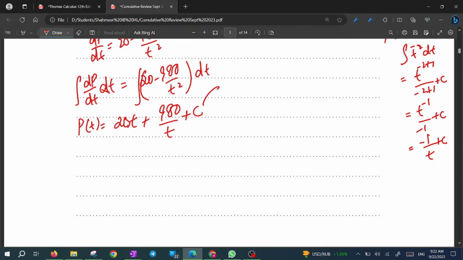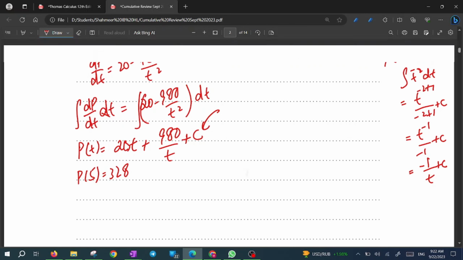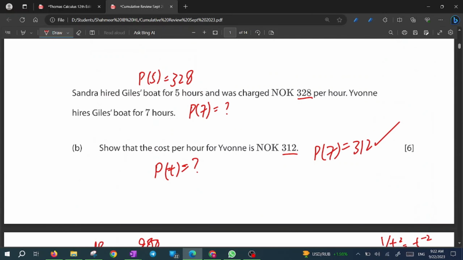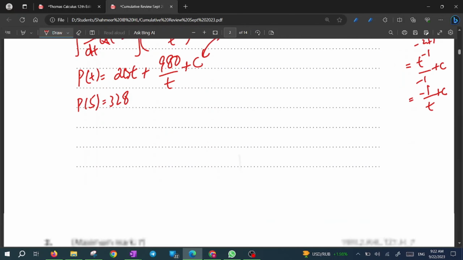Now this c is a constant, and we have to find its value. As we know, P(5) is 328. Remember, Sandra was charged 328 for hiring Giles' boat for 5 hours.